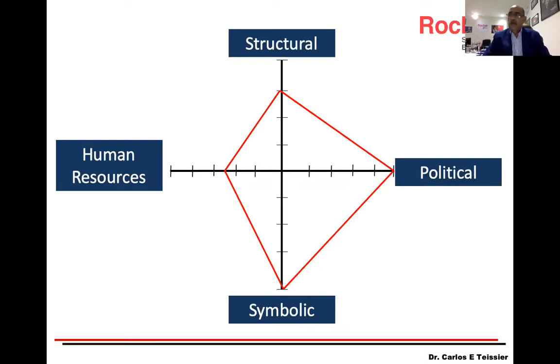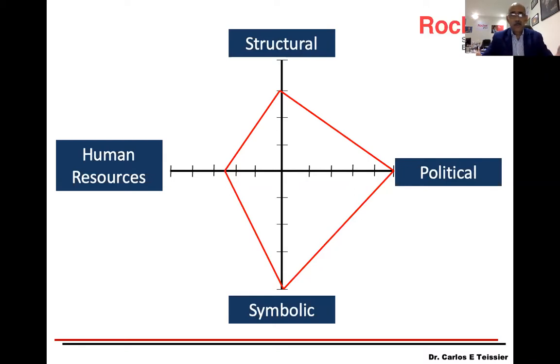Let me give you an example. If somebody has a preference for the structural frame, let's say somebody has a structural frame very, very developed. So this means that every time this person faces a problem in the organization, he's going to try to solve it using administrative tools. And if the problem is generated from the administrative point of view, and you are structural, that's it.